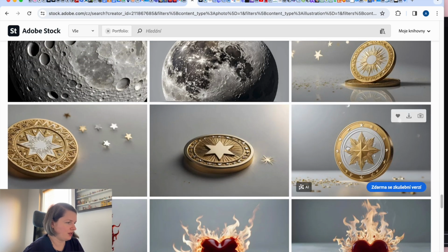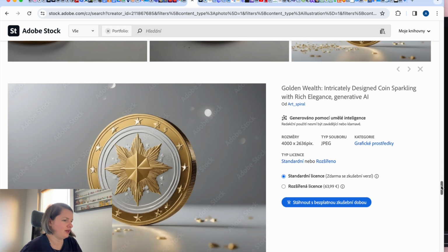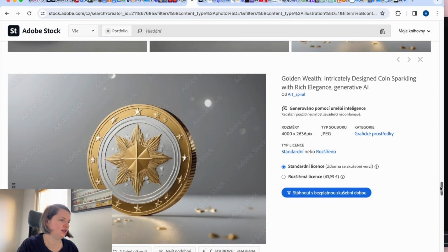Here the coin, golden wealth, intricately designed coin sparkling with rich elegance. So this is an image that is supposed to evoke wealth and being rich, and I just don't see it.